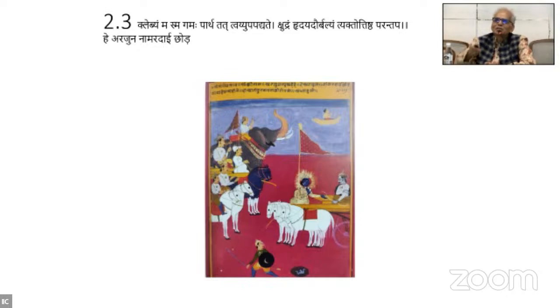And in some paintings, I could read the Mewari, because I could understand it. And the Mewari translation is done by some other person who must have been a scholar, but he translated it for Mewari folk. Very cryptic translation. You see, he says, "Hey Arjun, namardai chor."